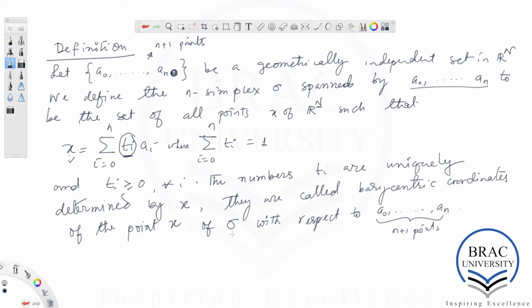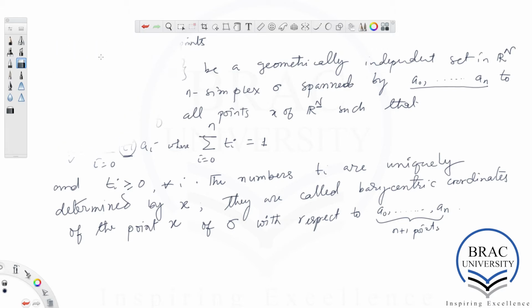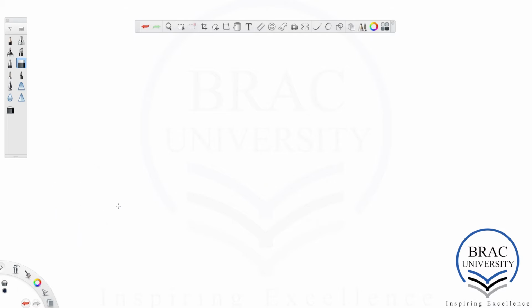Now we'll see some examples of n simplices in low dimensions, starting from the 0 simplex, which is of course a point. Simplices in low dimensions.